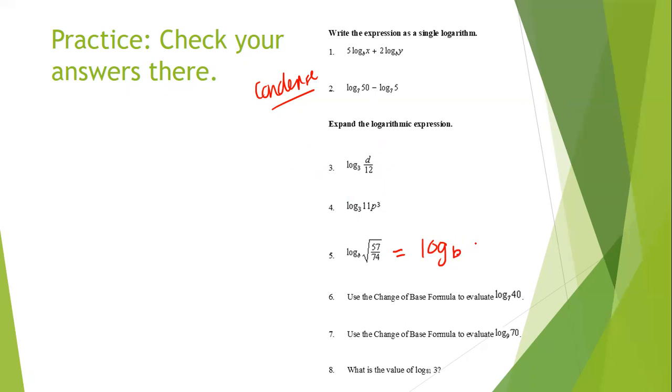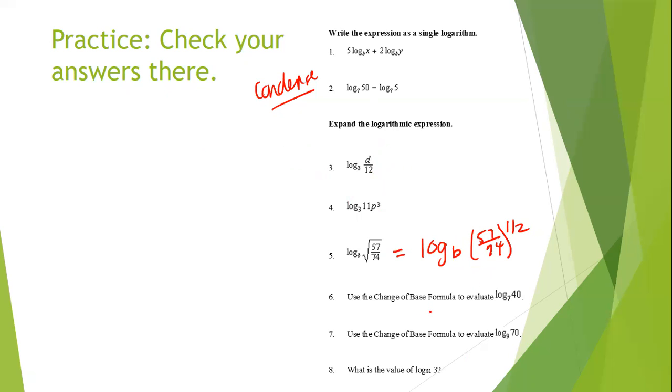So you have log base B. Just remember that the square root of something means that you are to the half power. Okay. And so on expansion, you're going the other way. 5. Did I say 4? Oh, 5. So on 5, that's what that would be.